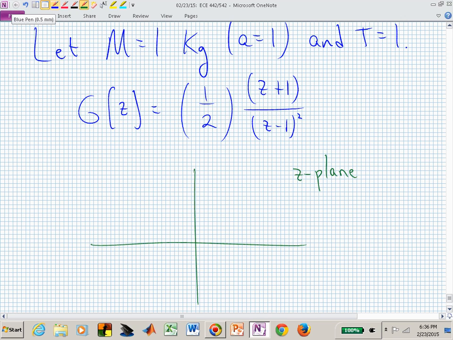What did our pure mass look like in the S-plane? Just for something to connect with. Our pure mass was A over S squared, and we set A equal to 1. What's the S-plane pole zero diagram look like for a pure mass? 1 over S squared. Where are the finite zeros?